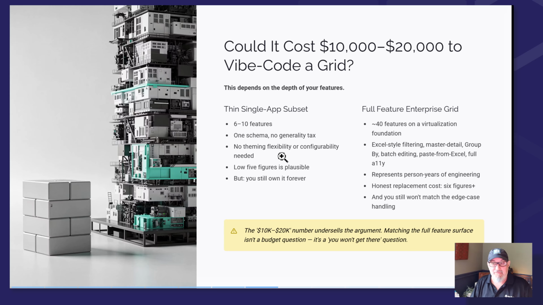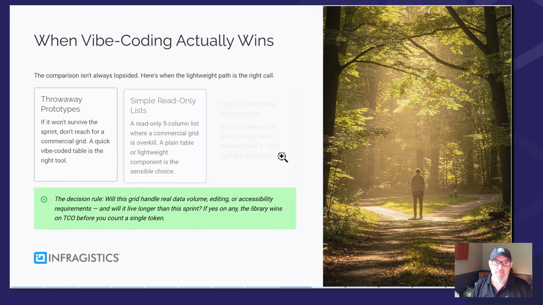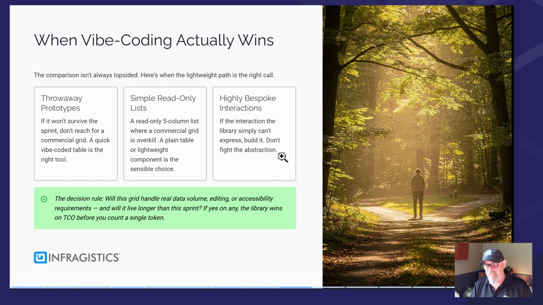Infragistics actually offers over 50 open source components, MIT licensed, in our Ignite UI product, including a grid that you should be using when you are coding, AI coding, vibe engineering, whatever you want to call it, because those components will ultimately save you cost downstream. Even when you think about our open source components, they're getting updated, they're getting maintenance, they're getting revved with new versions of Angular, of React, of Blazor. So you don't have to worry about that.